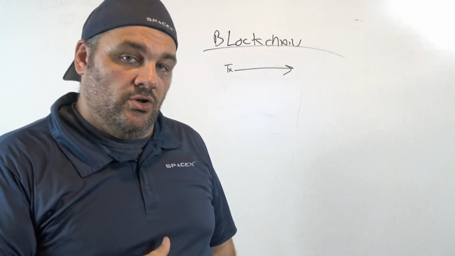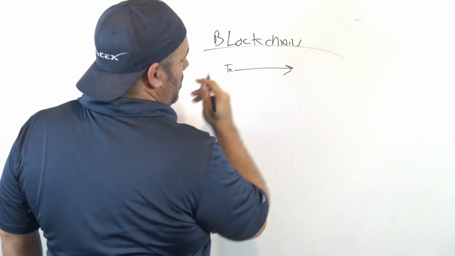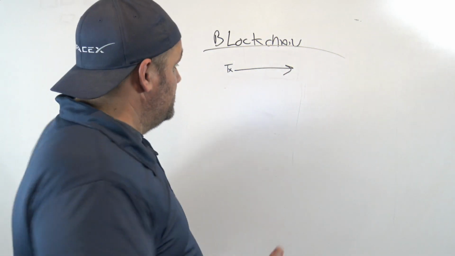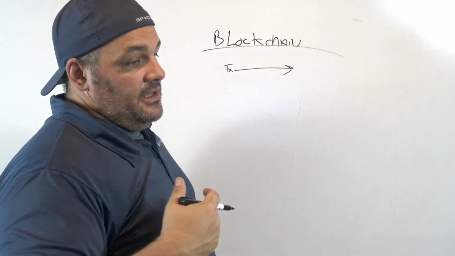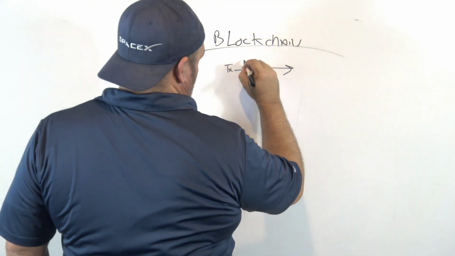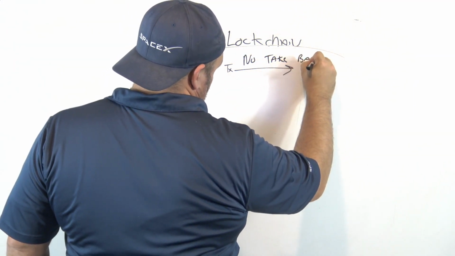But for the new folks, this is one of the value propositions of blockchain in general, especially if you've ever had to deal with chargebacks. No take-back keys, no take back.